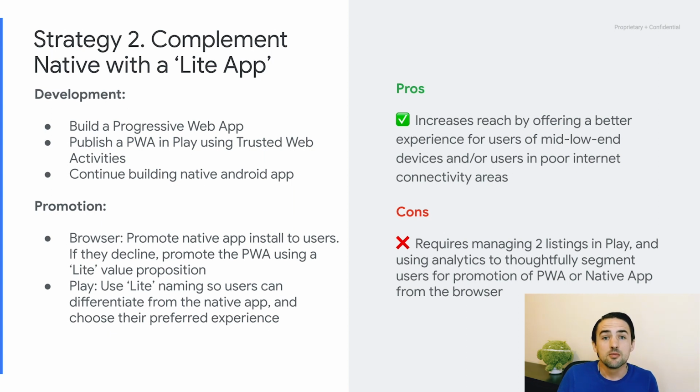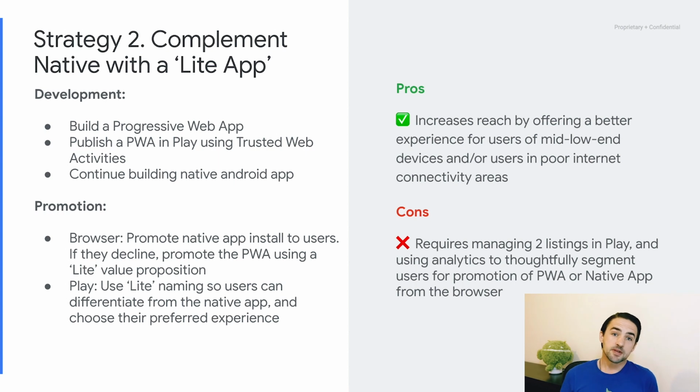From the browser, promote the native app install to all users, but if they decline, promote the PWA using a Lite value proposition. In Play, use Lite naming for the PWA there so that users can differentiate from the native app and choose their preferred experience.